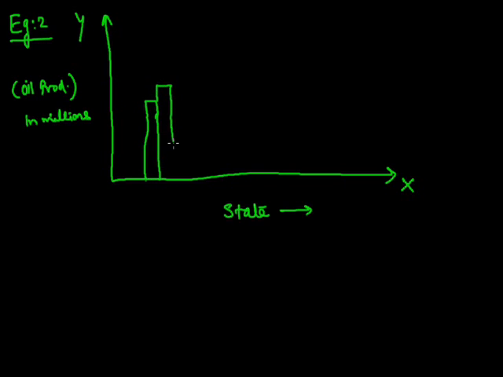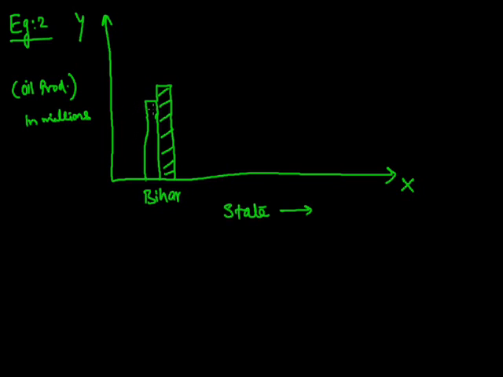So as you are seeing there, we are making two bars which are attached to each other. These two bars indicate the oil production of a particular state in two different years.